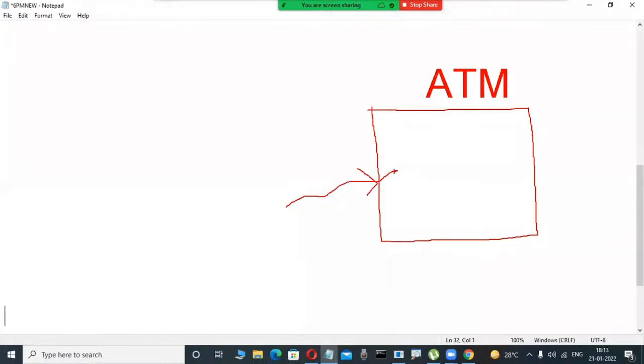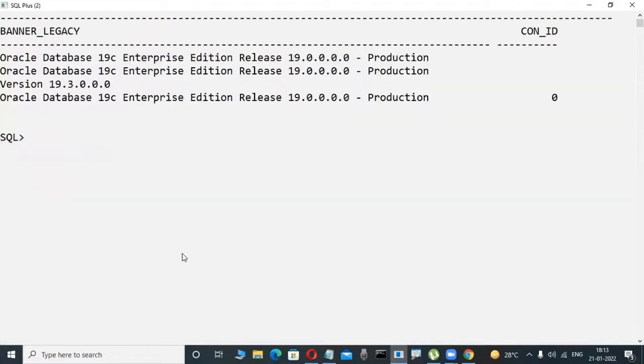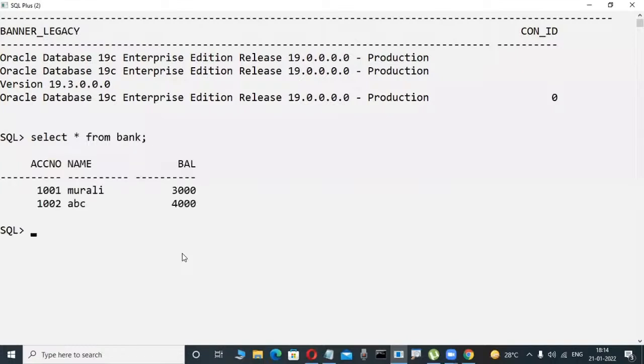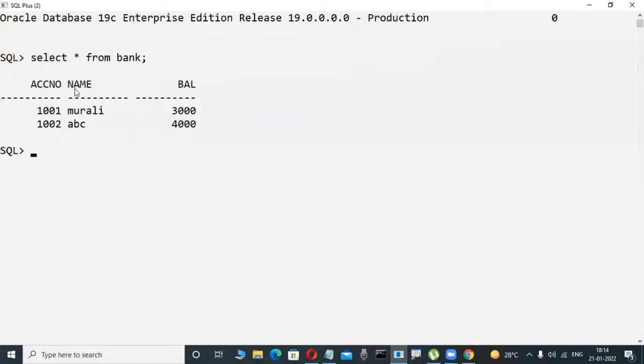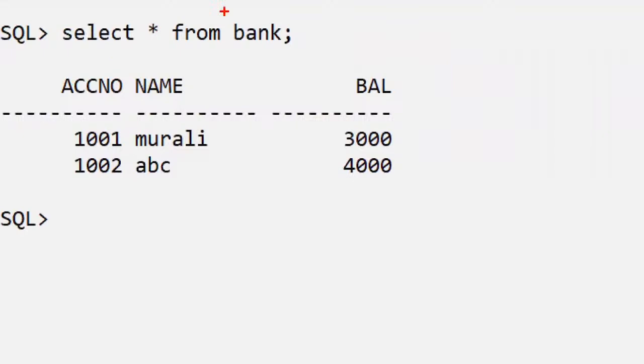Now check it out. Slowly observe the screen. Suppose in this database, a bank table is there, for example. Just observe the scenario, a very easy way to understand.